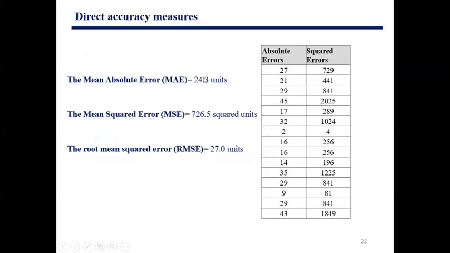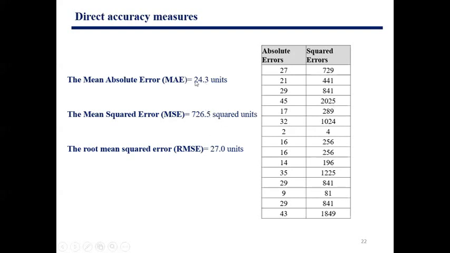Here, for the same example I used before, I took the absolute values of errors and the squared values of errors. When we take the absolute value, all the values will be positive, and here we calculate the mean absolute error: we calculate the sum, we divide it by 15, and we find 24.3 units. The mean squared error, in the same way, we calculate the sum of the squared errors, we divide it by 15.